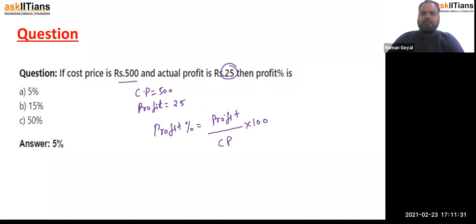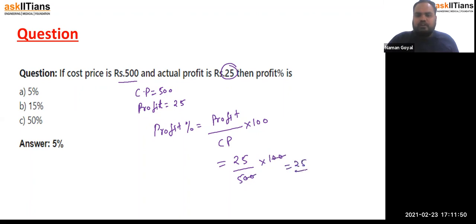The profit he makes is rupees 25 upon CP, which is 500. As I told you, profit percent or loss percent is always found with respect to CP. So if you cancel out 20 by 20, it will give 25 upon 5, which is 5. So the profit percent he makes is 5%. Are you getting my point?